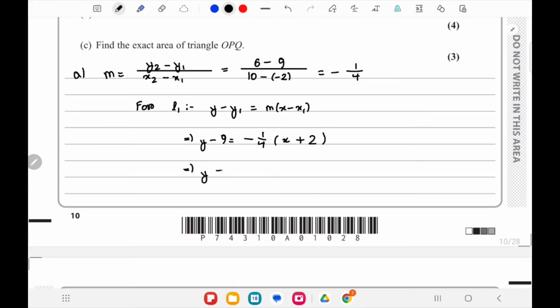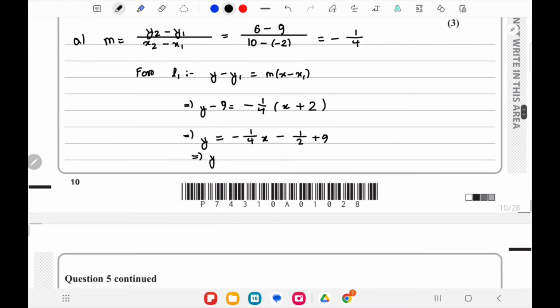So y is minus 1 by 4 x minus half plus 9. So y would be minus 1 by 4 x plus 17 by 2.